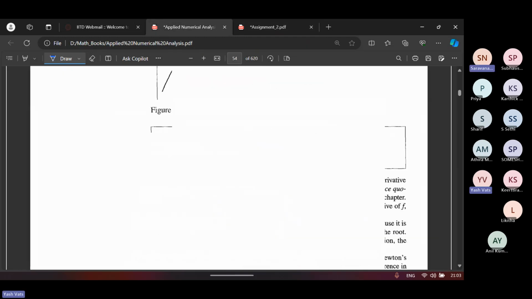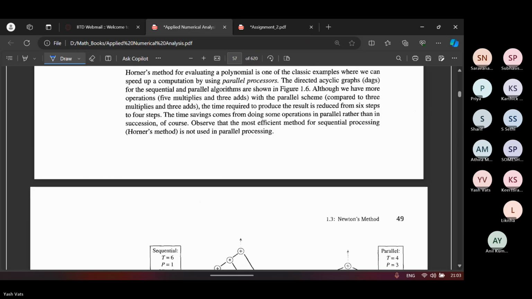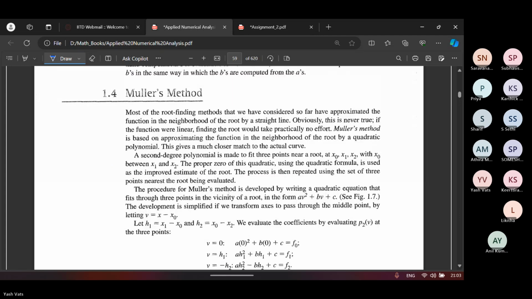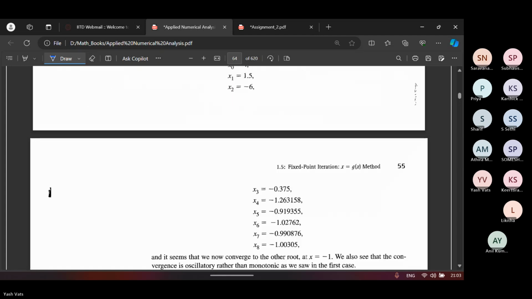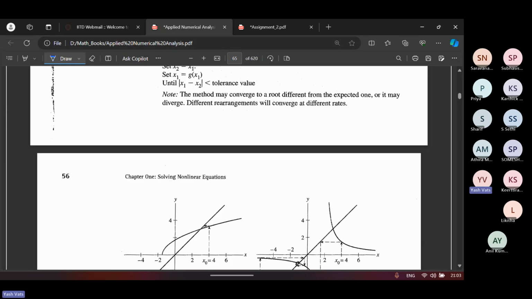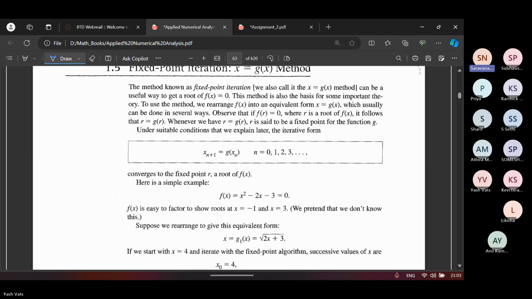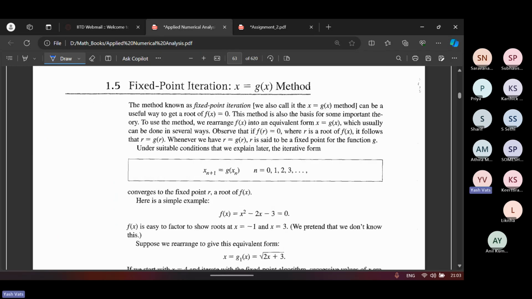Have you heard of it in lectures? What is the fixed point iteration method? Do you know this? If you have an equation f of x equals 0, you try to write it like this: x is equal to g of x.